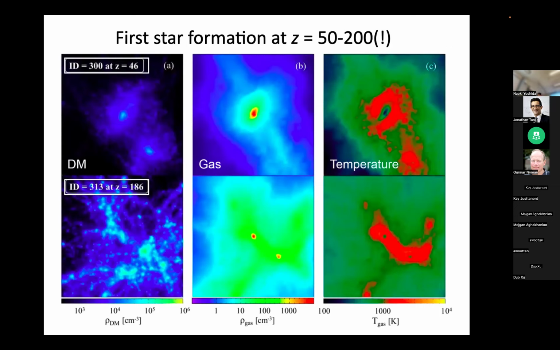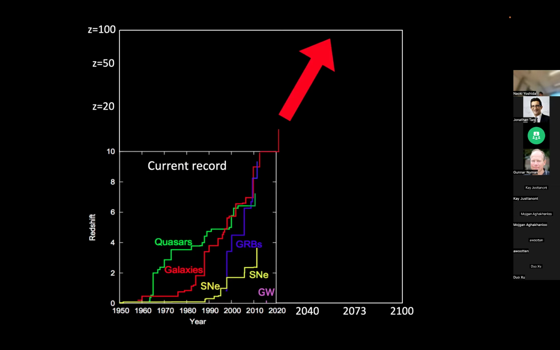But now I come back to my original plot. In the future, we don't know. My young colleagues, you have plenty of time, say 2040, and even the 22nd century or so. And we can ask, when or how distant were the first cosmological objects: stars, black holes, and supernovae.